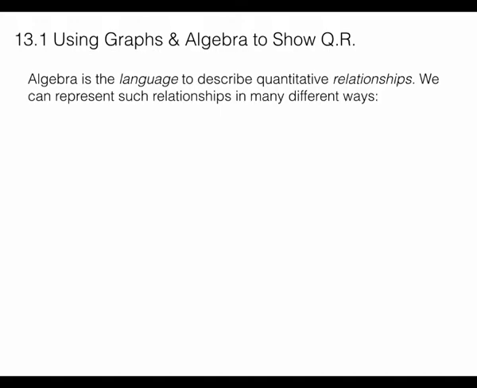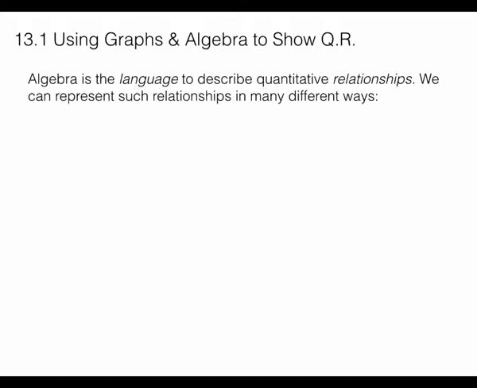Can you guys tell me some of the ways that we've represented relationships between quantities? We used ratios, okay. So ratios allowed us to capture one snapshot of information. Is there a format where we've looked at multiple pieces of information about one relationship?